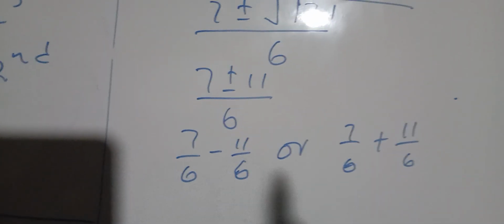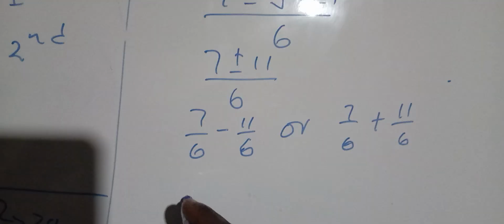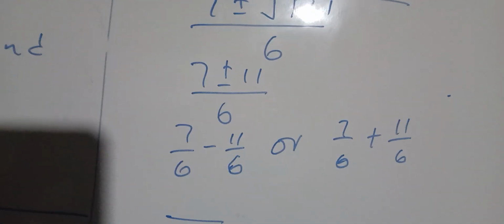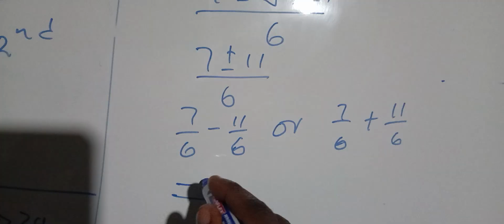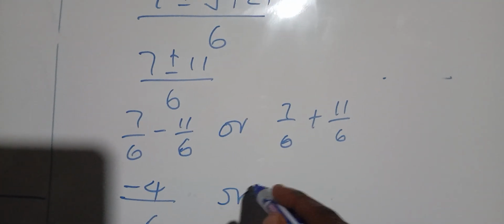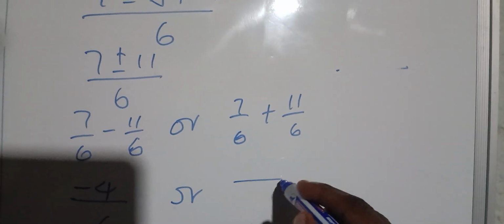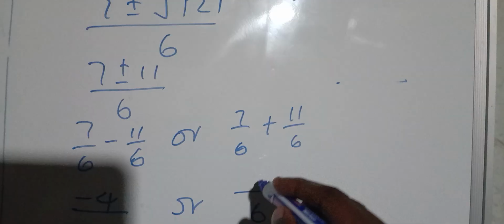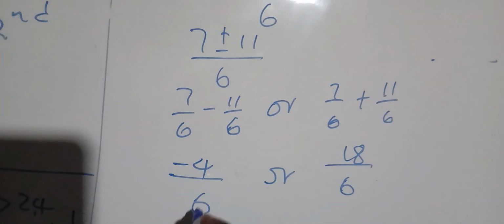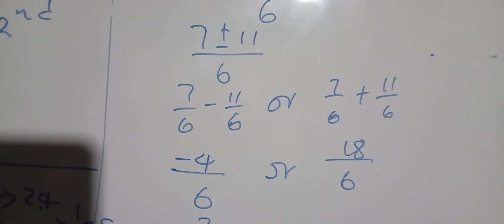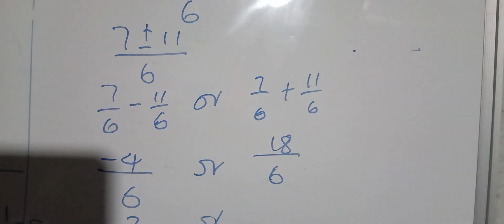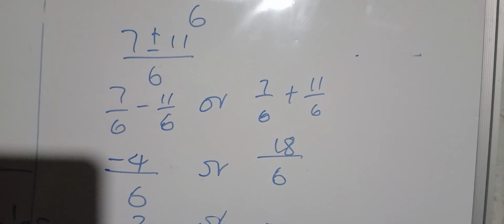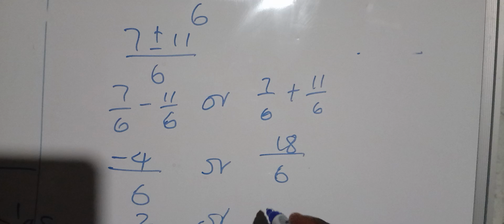So 7 minus 11 is negative 4, over 6, which is negative 2 over 3. And 7 plus 11 is 18, over 6, which is 3.